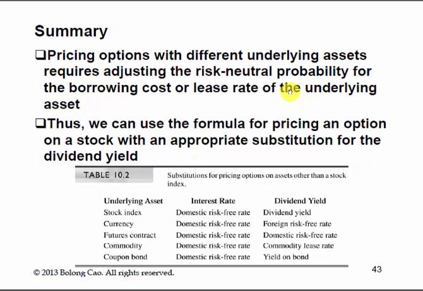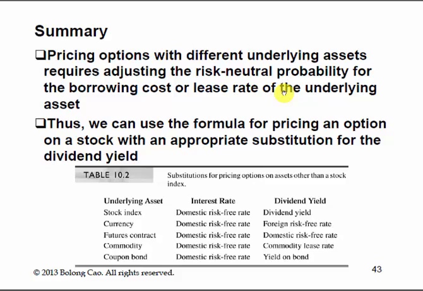It's much more involved. To summarize, pricing options with different underlying assets requires adjusting the risk-neutral probability for the borrowing cost or the leasing rate of the underlying asset. Thus, we can use the formula for pricing an option on a stock with an appropriate substitution for the dividend yield.